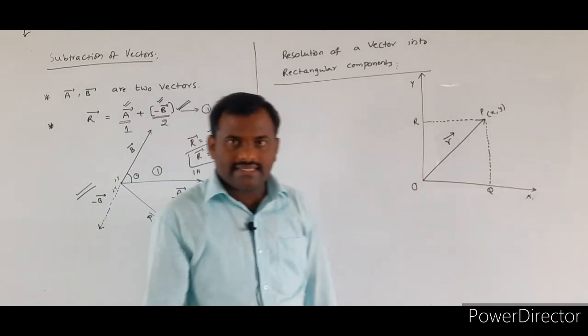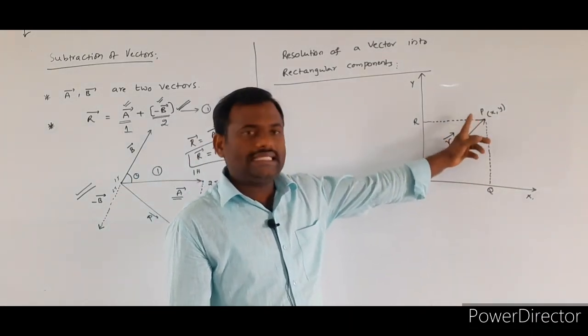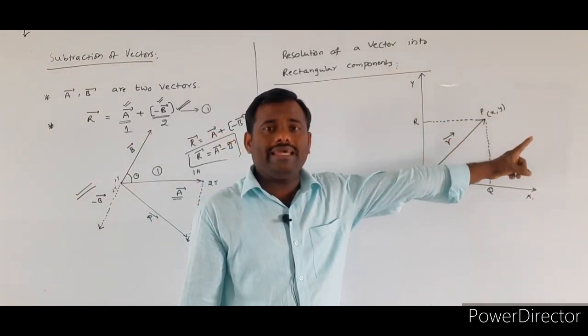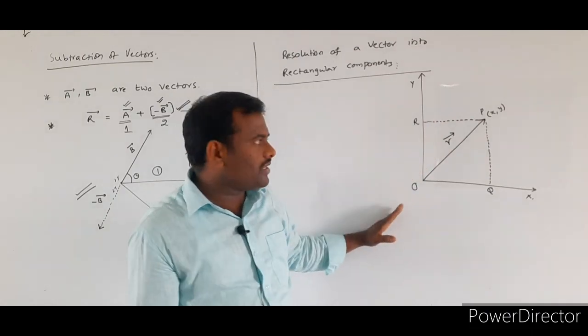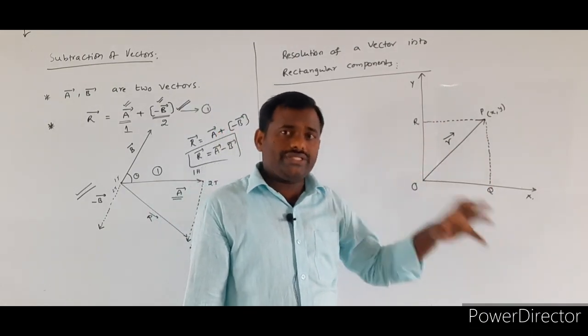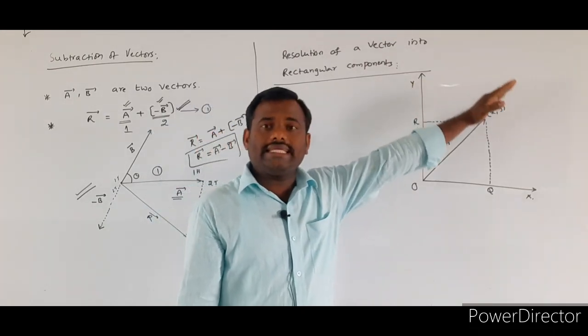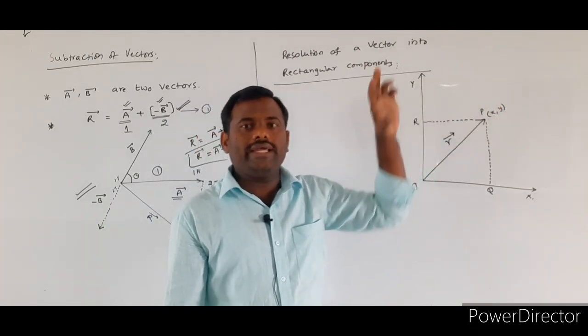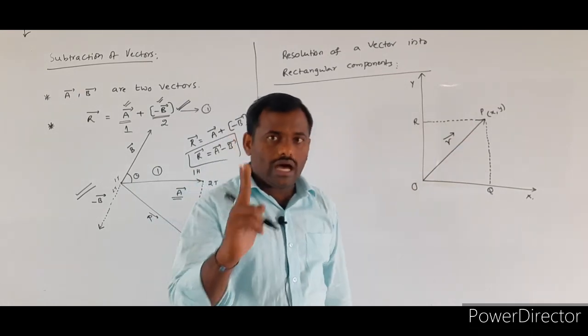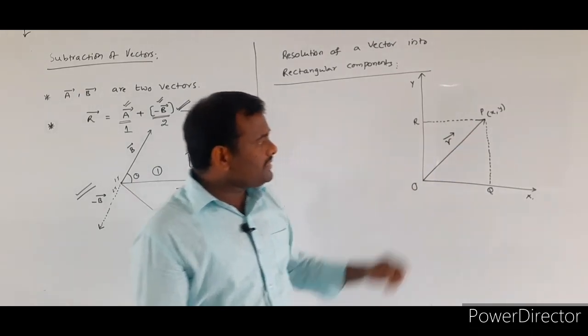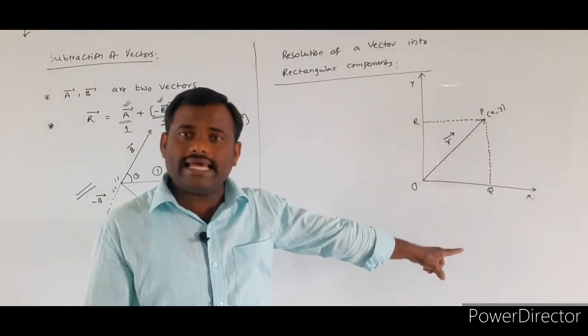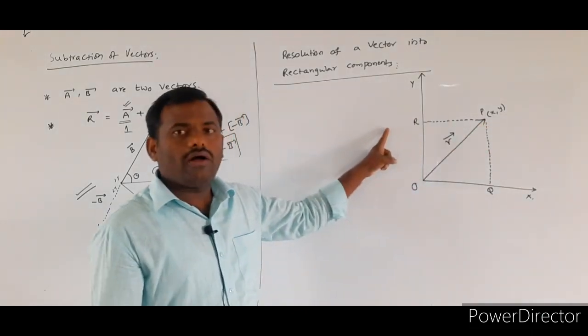Which plane do we consider here? The XY plane. In the XY plane, the point P of x, y will be considered. From the origin, we draw the position vector. Once you draw the position vector, from whatever point you consider in the XY plane, you have to make two normals. One normal is onto the x-axis, another normal is onto the y-axis.